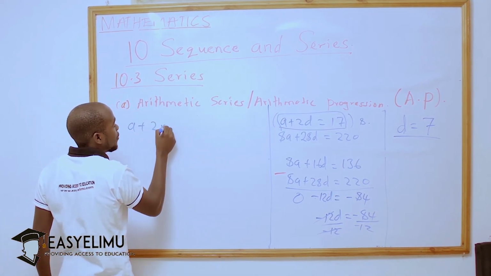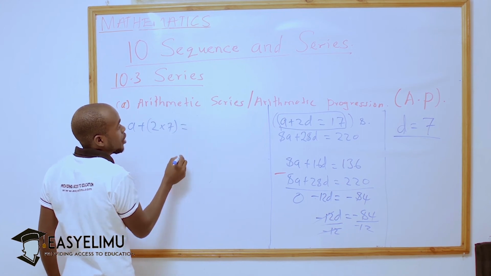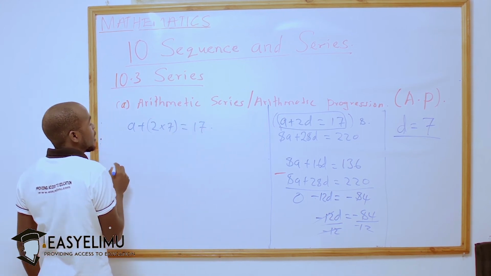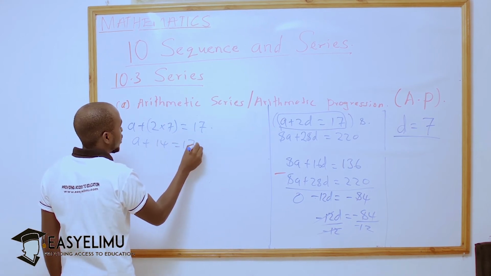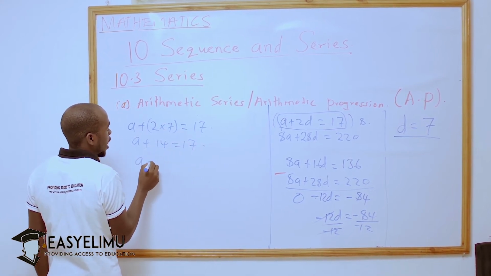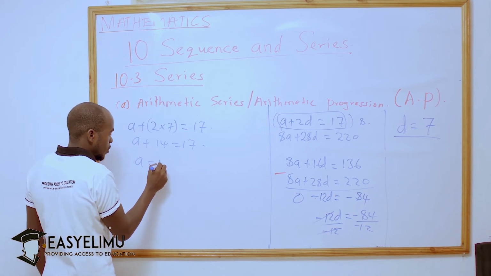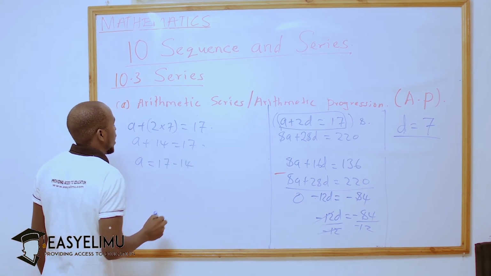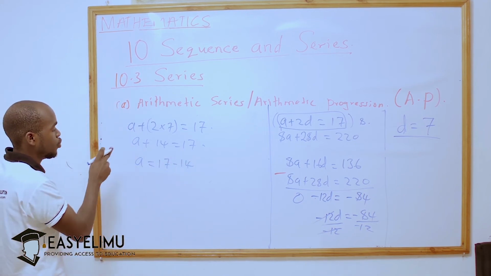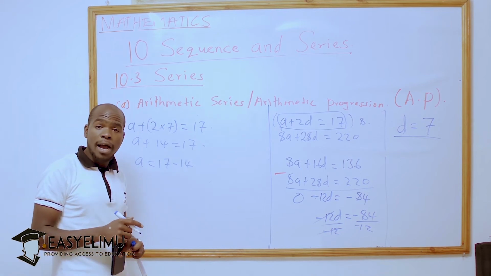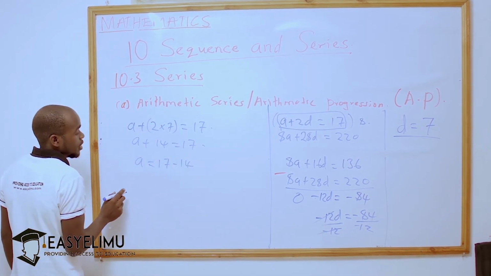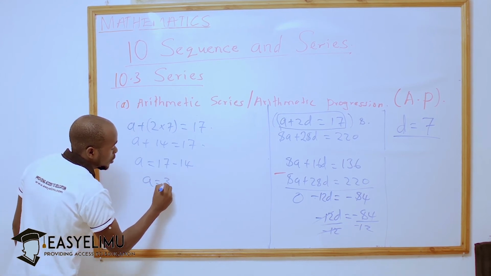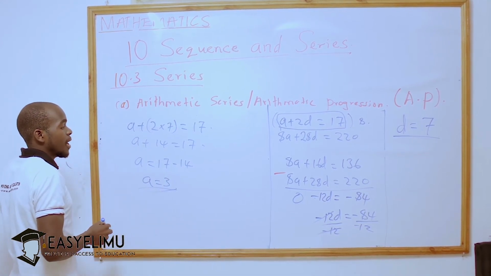But d here is 7, so if we do that, we are going to find a plus 14 is equal to 17. Now we shall get our first term: if you want to get a, you have to subtract 14 from both sides and get a equals 17 minus 14, which is equal to 3. Now we have found the first term.